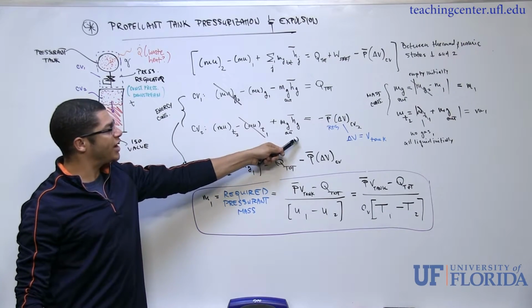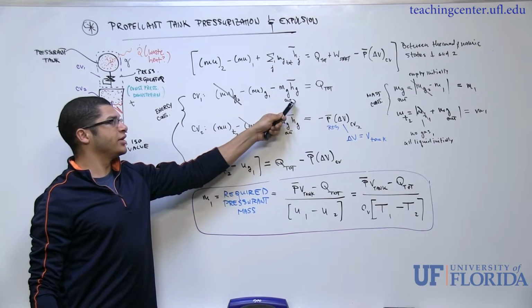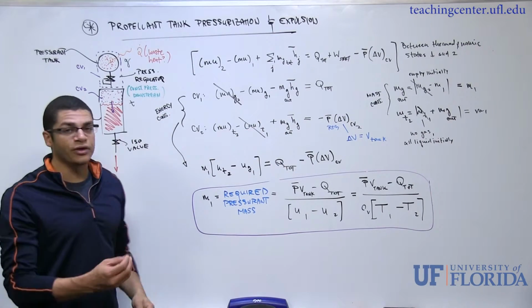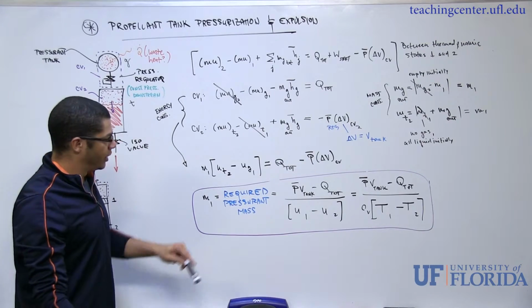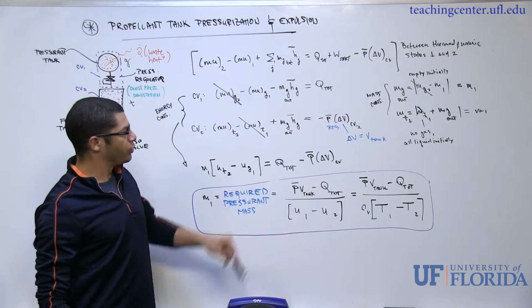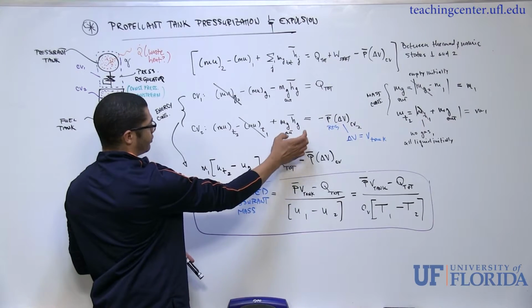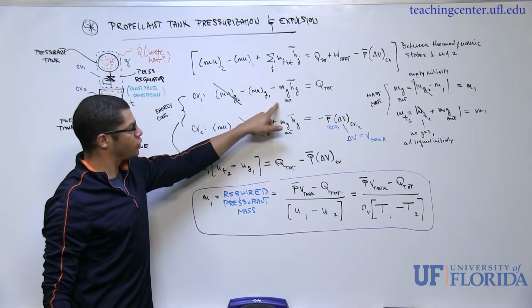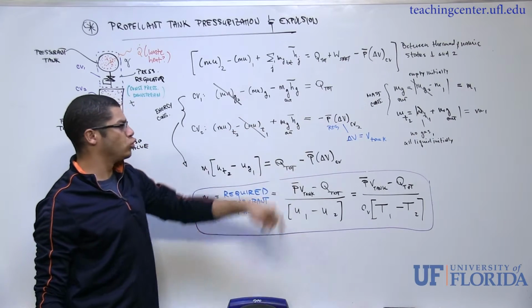And this is going to have the same energetic value as the gas that's leaving the pressurant system, just at the interface between control volume 1 and 2. So this quantity right here, which represents the total enthalpy flowed into the system, is the same magnitude as the total enthalpy that flowed out of CV1.